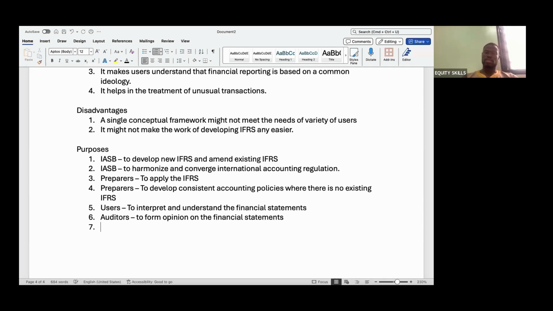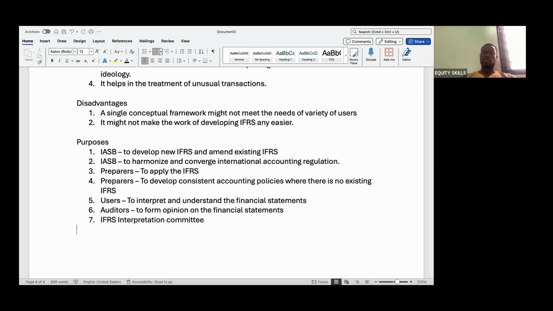And if there are other users that need to understand how IFRS is developed, they can also use the conceptual framework. And in fact, it can help the IFRS Interpretation Committee. Know that this committee is basically responsible for developing interpretations where there are conflicts of opinions, right? So this conceptual framework can help them develop those interpretations. So these are the purposes of the conceptual framework.